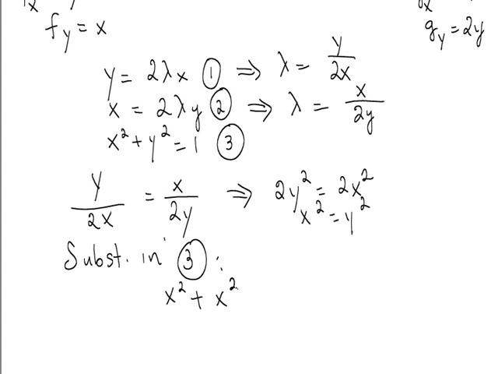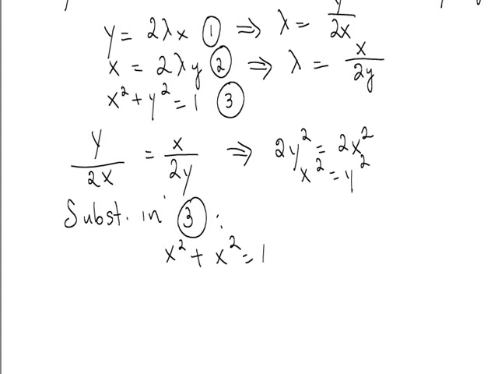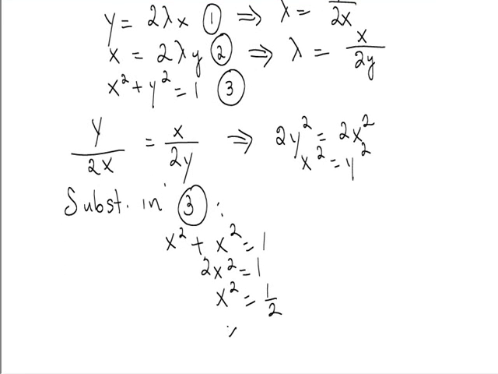X squared plus x squared equals 1. Solve. 2x squared equals 1. X squared is a half. So, square root both sides, x is plus, don't forget to put plus or minus, 1 over square root 2.